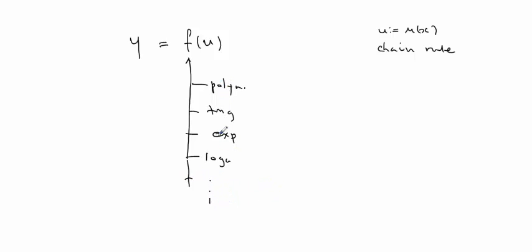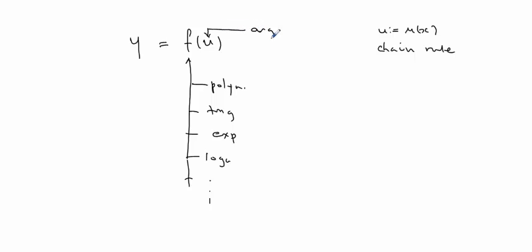These types of functions are a finite number. If the function is not any of these, maybe it's a combination of these, added or multiplied or divided. That's it.